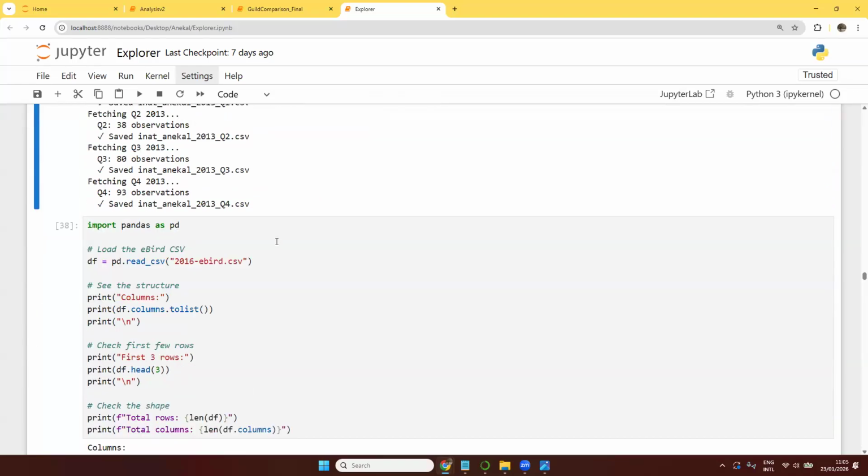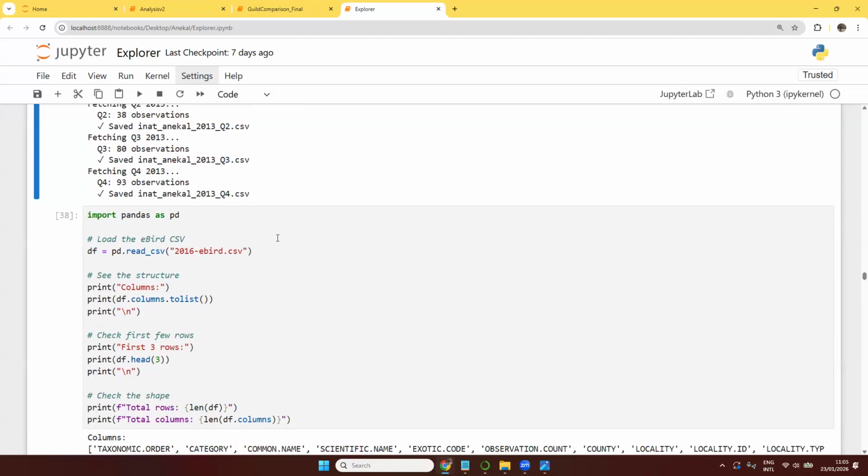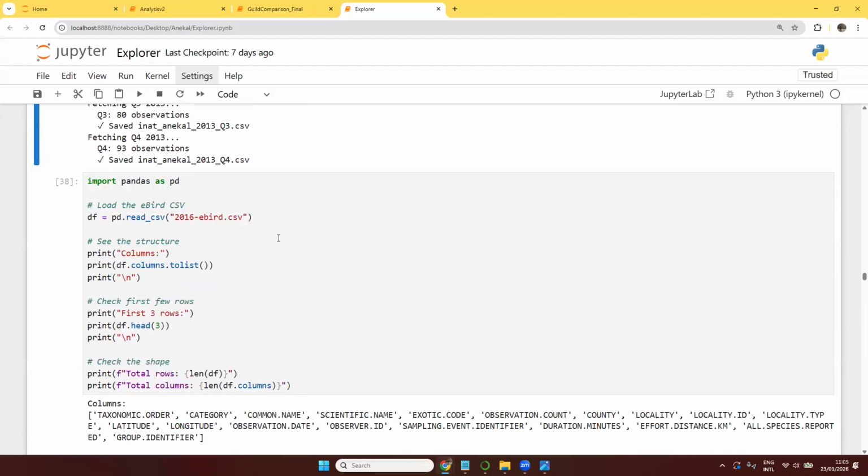And then I looked at eBird data. The eBird API works a bit differently. You can't do an API run like iNat, but for a particular district, you can download complete checklists.